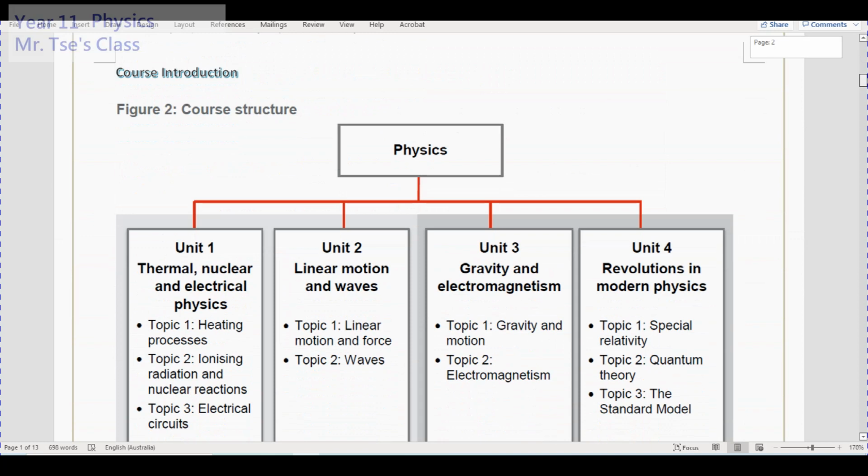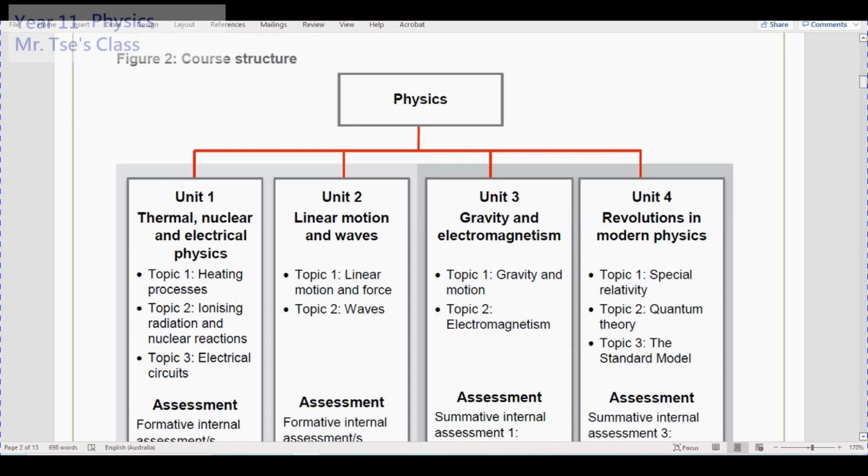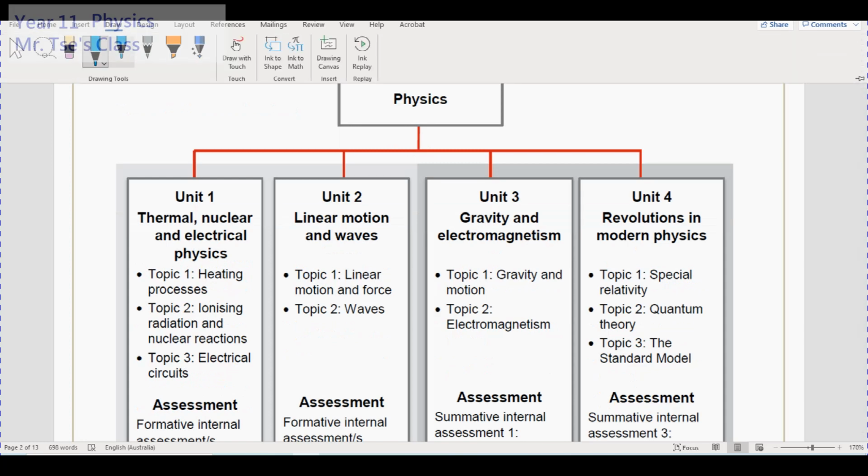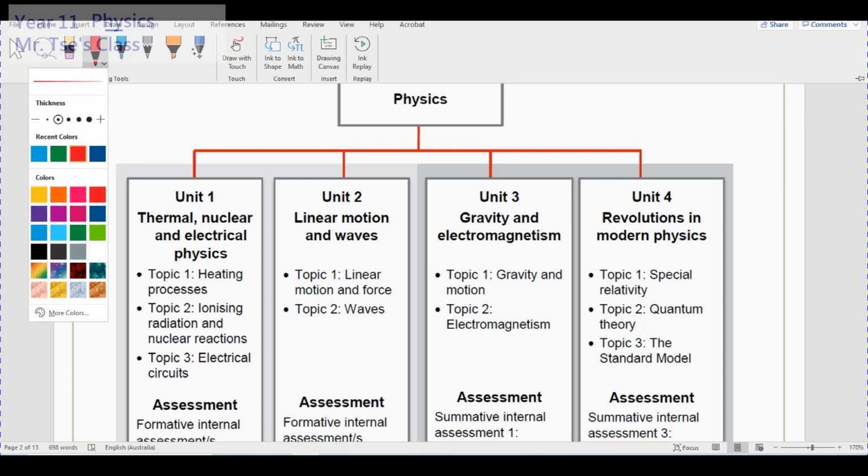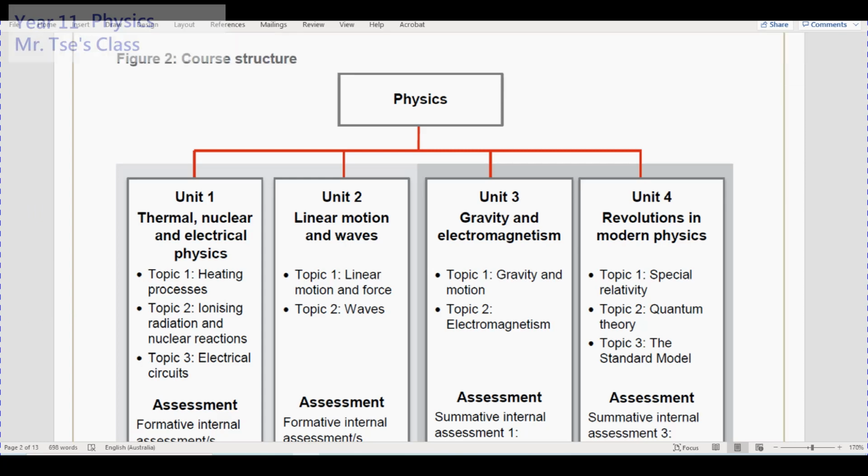Okay, and this is the whole course structure. In physics, we will have 4 units. We will try to cover unit 1. We'll try to cover topic 1 and topic 2 in term 1.